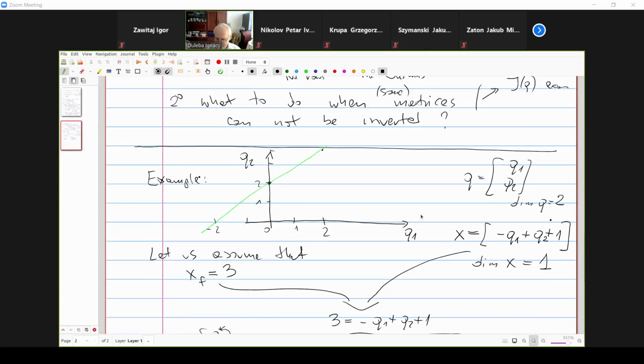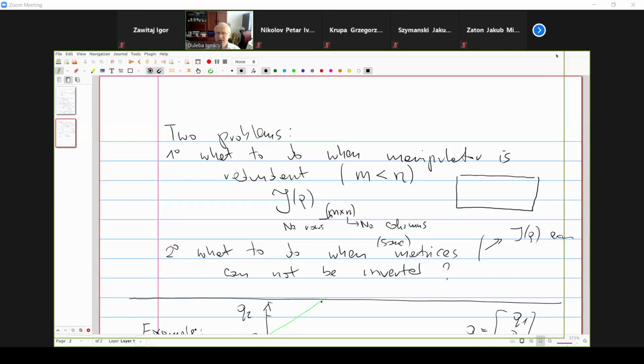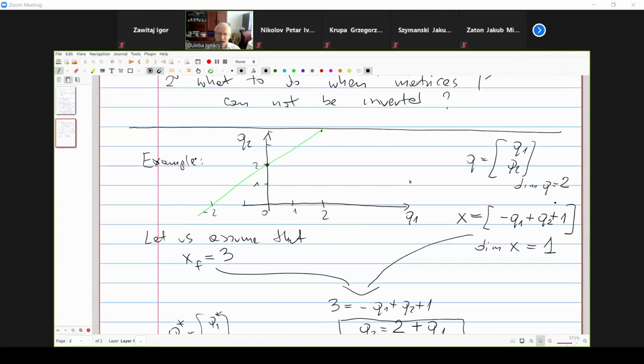If not, I will propose a solution. The solution is the following. Let's try to find such a point which is as close as possible to the origin of this frame. This point is at some distance, this point is at some distance, this also, and this also.